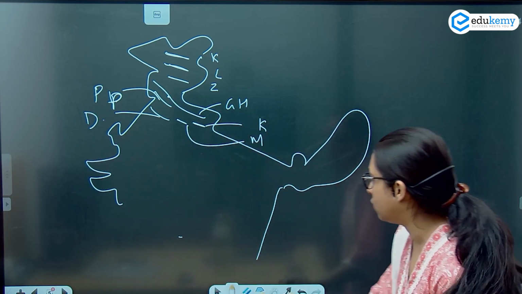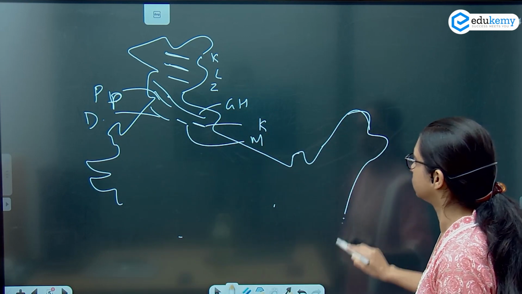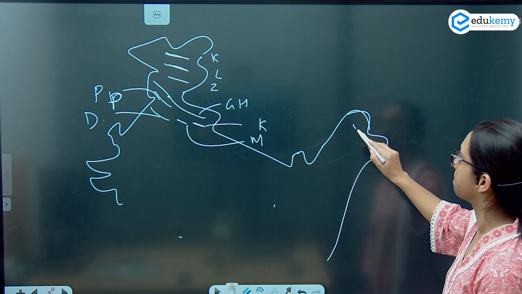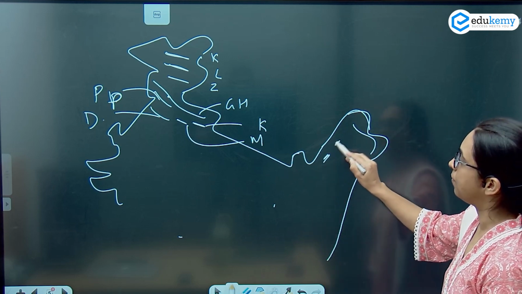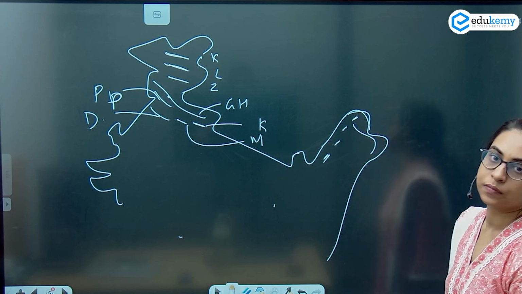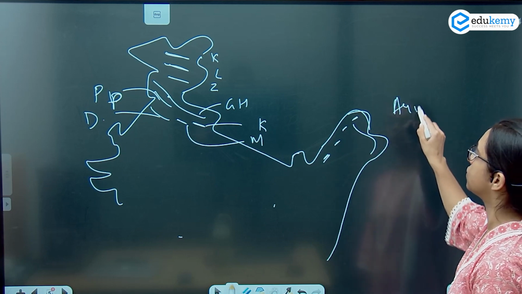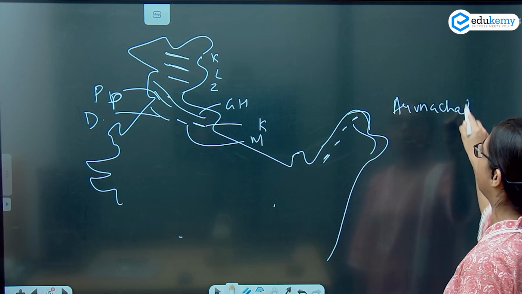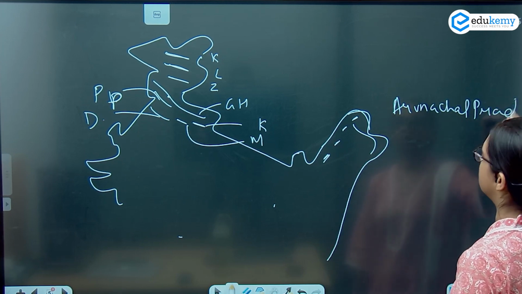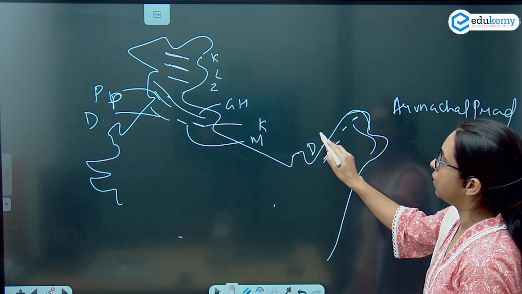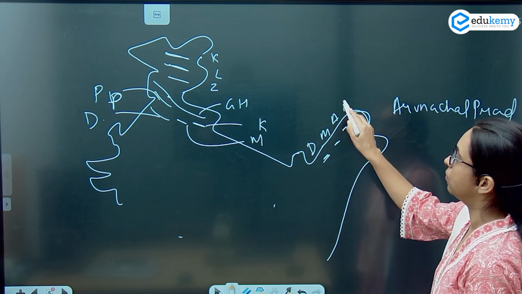Now moving on to the northeastern states. You have your DMAM, in Arunachal Pradesh: Dafla, Miri, Abhor, Mishmi.